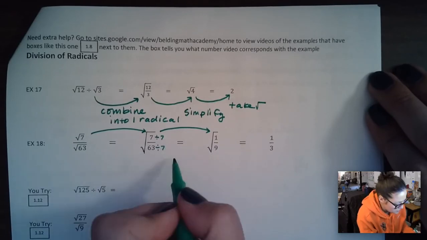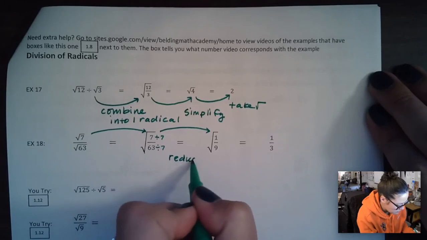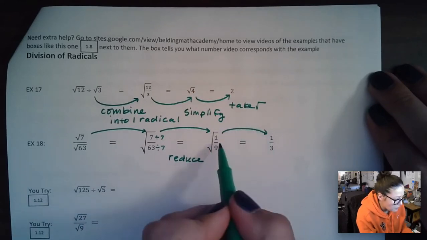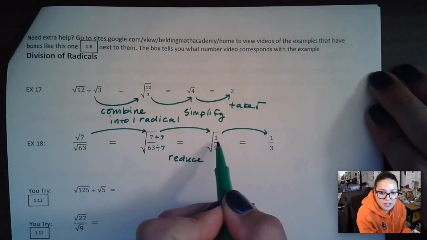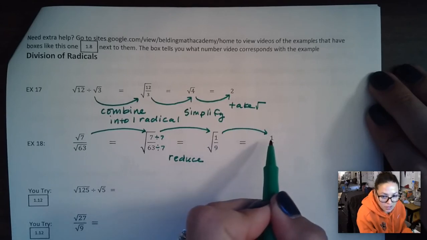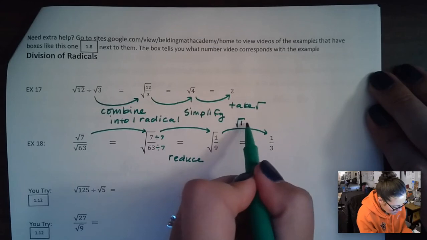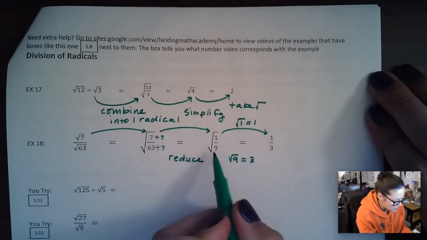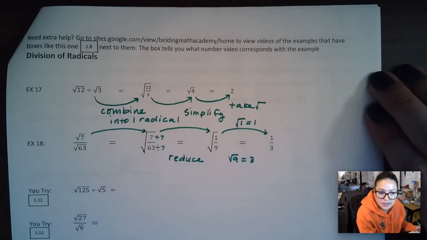So we reduce the fraction. And lastly, we take the square root. Because the square root of 1 is 1, and the square root of 9 is 3. So the square root of 1/9 is 1/3.